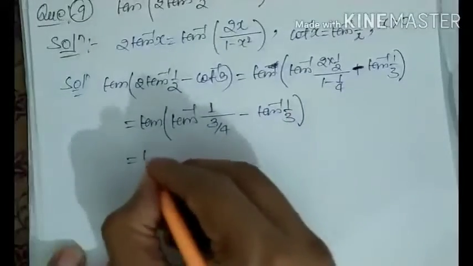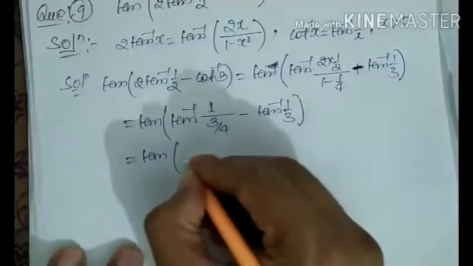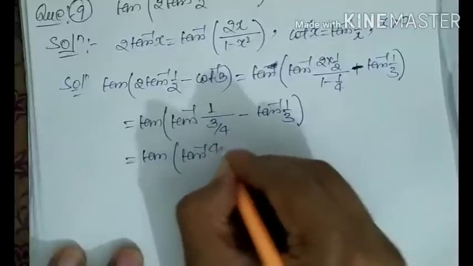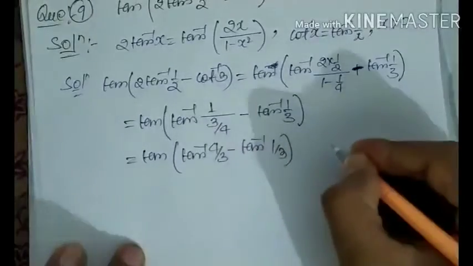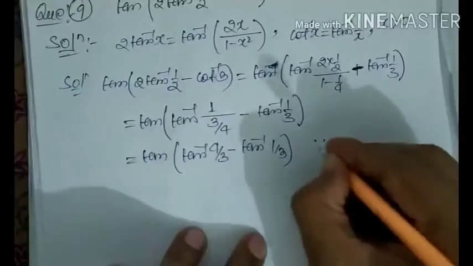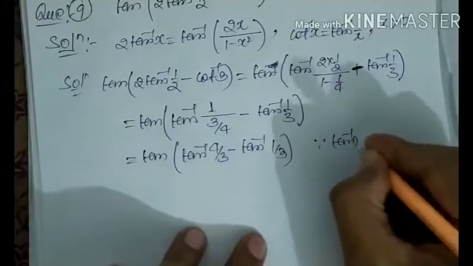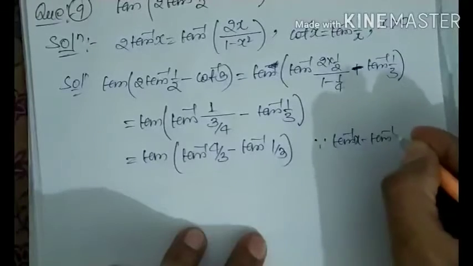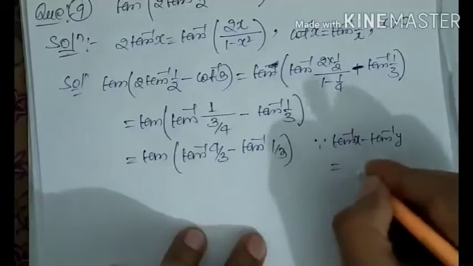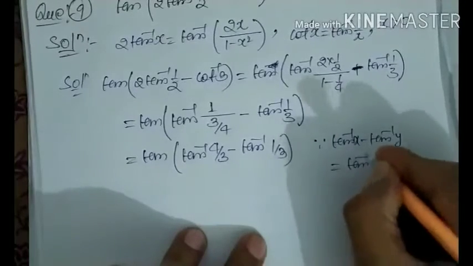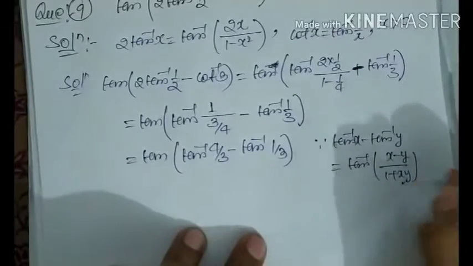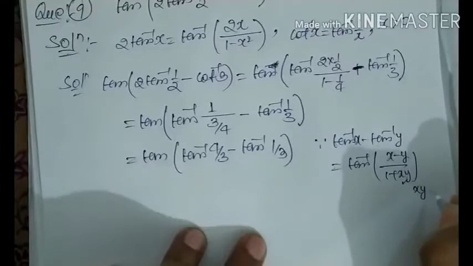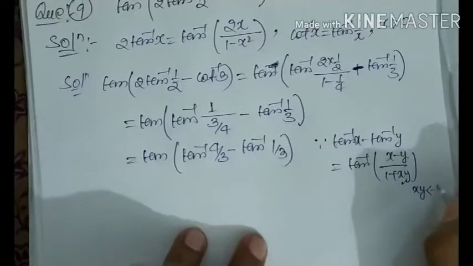Which equals tan of tan inverse 4 by 3 minus tan inverse 1 by 3. Since we know the formula of tan inverse x minus tan inverse y is equal to tan inverse x minus y upon 1 plus xy, when xy is less than minus 1.